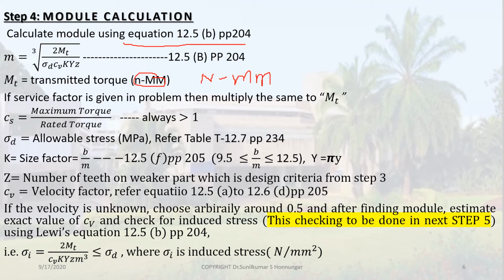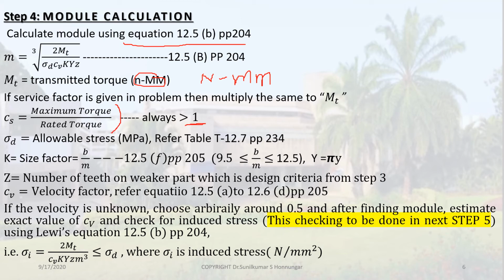And then there is one more thing. If the service factor is given in the problem, then multiply that same to mt. What is that service factor? Basically, sometimes inertia factors and some unaccounted things come in, and they have to be taken into consideration. The service factor is generally given in the problem, and as I told in the previous slide, it is greater than 1.